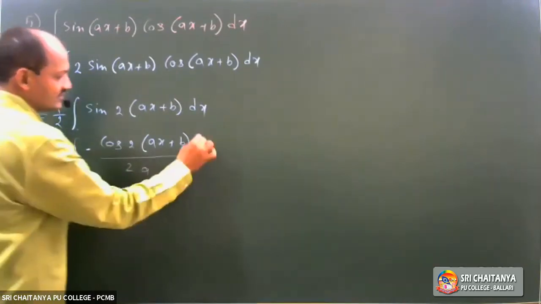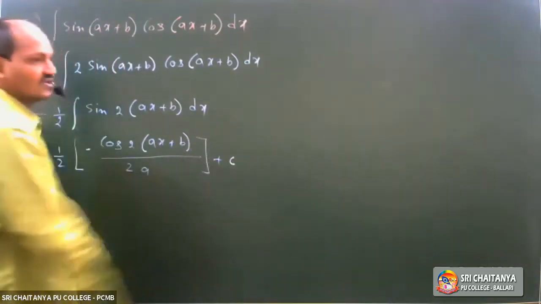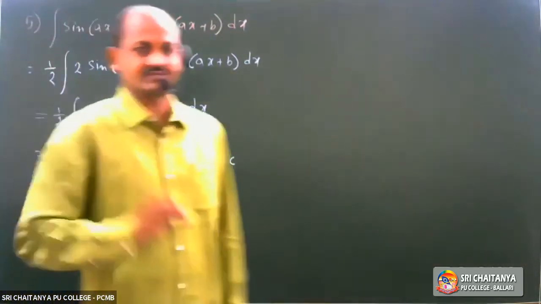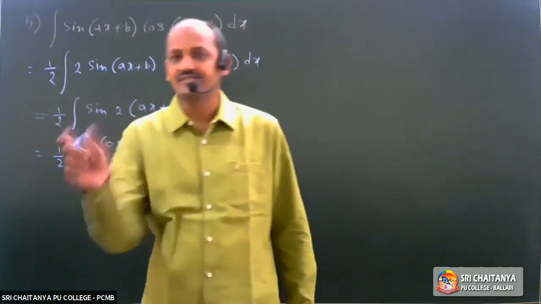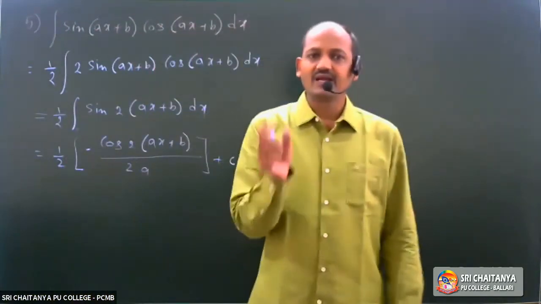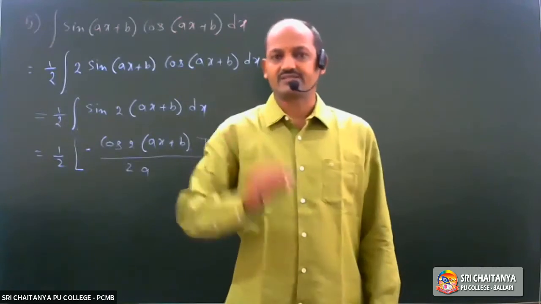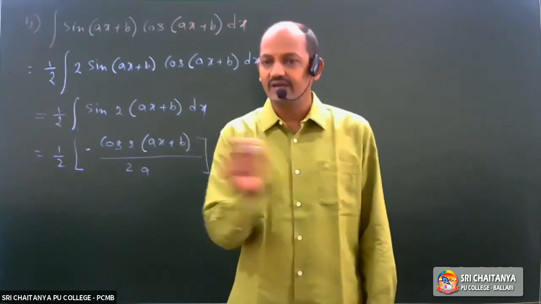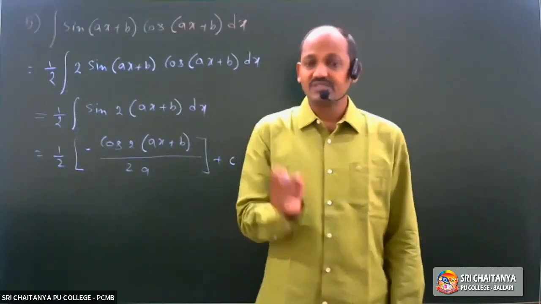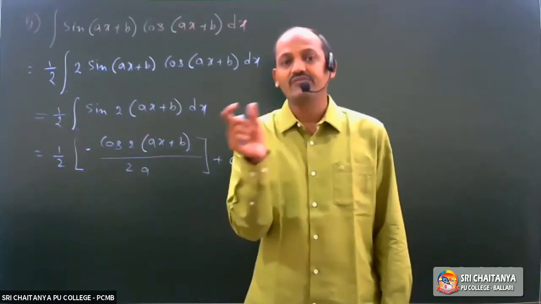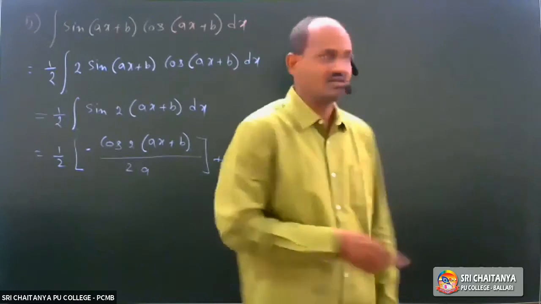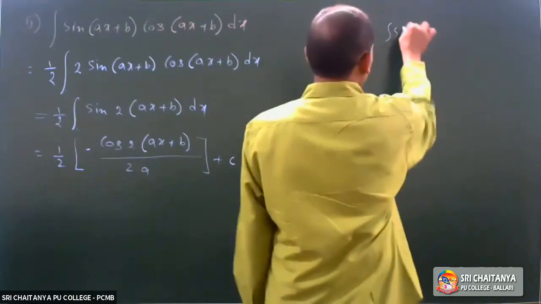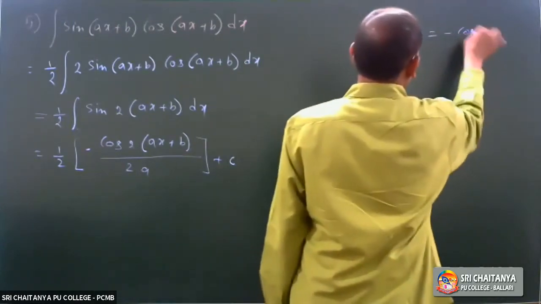2b, that is 2a. Integral of sin x is minus cos x.